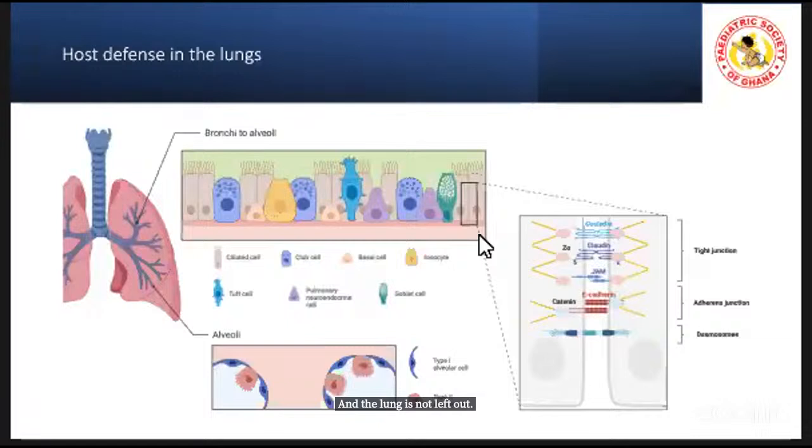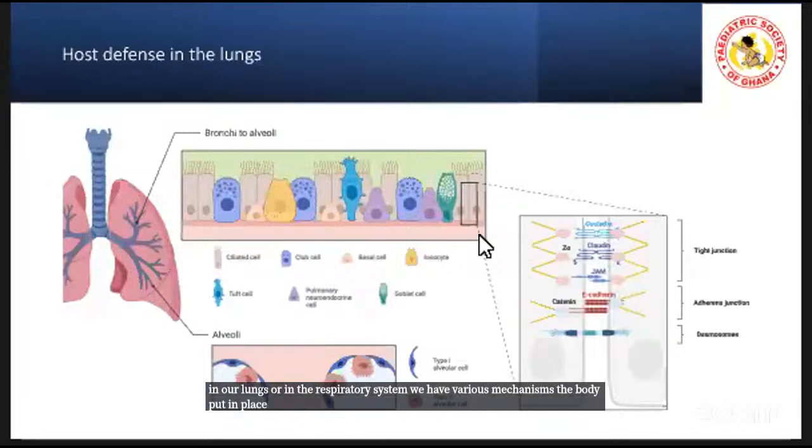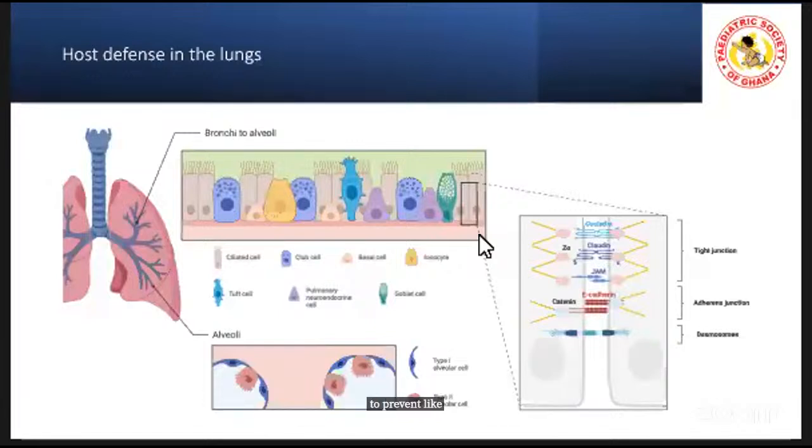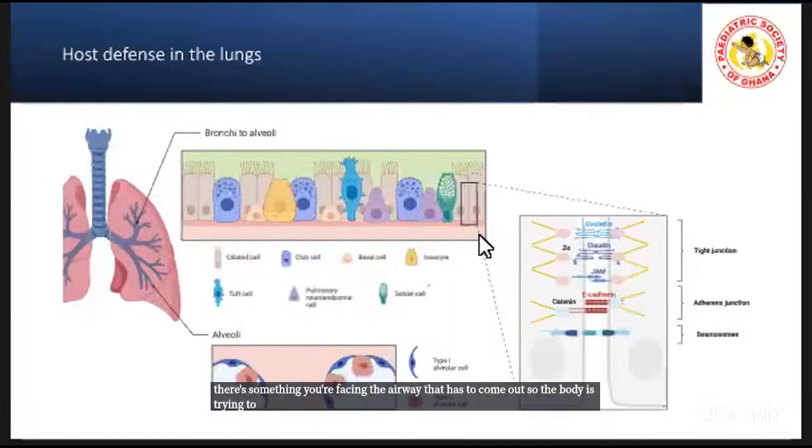So in our lungs or in the respiratory system, we have various mechanisms the body puts in place to prevent antigens or bacteria from colonizing us and causing infection. So even in, quote, normal cough is a protective mechanism that the body puts in. It means there's something irritating the airway that has to come out. So the body is trying to cough it out or get rid of it.